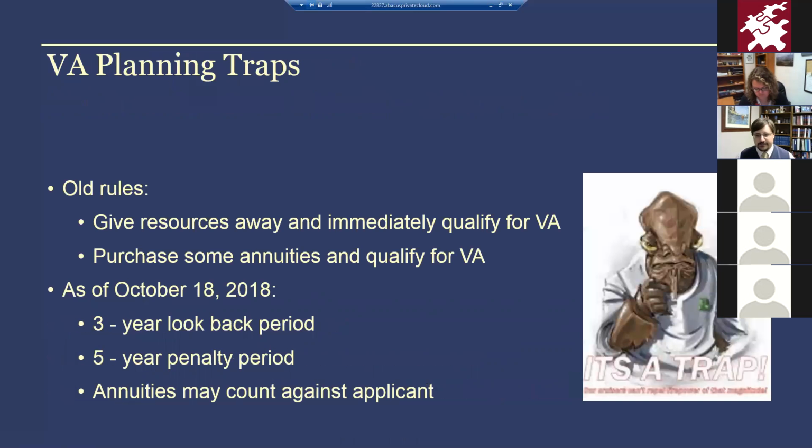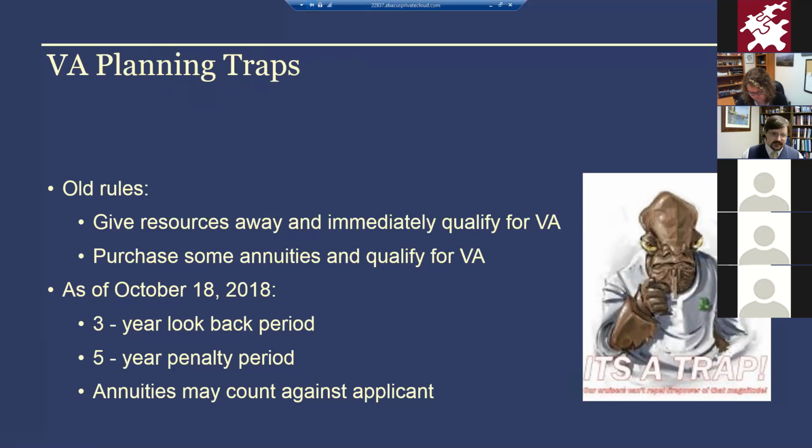Couple of new traps. Gotta love Star Wars and finding out that there are traps. The old rules for VA before October 18th of 2018 were that you could give resources away, get those resources under about $80,000, which was kind of the soft rule.